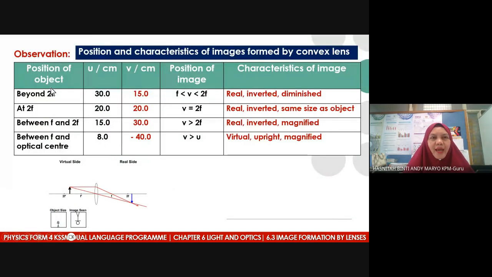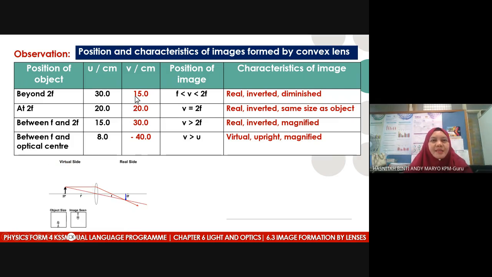So let's say this is the tabulation of data determined from this activity. First we have 4 different positions of object. This is for convex lens. First, we place beyond 2F, 30 centimeter, and then at 2F, which is 20 centimeter, then between F and 2F, and then this one between F and the optical center, 8 centimeter.